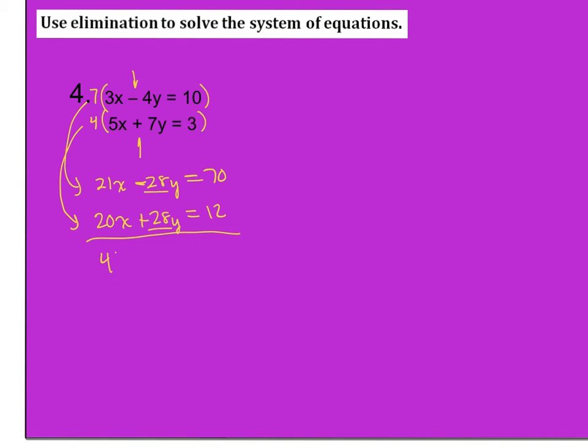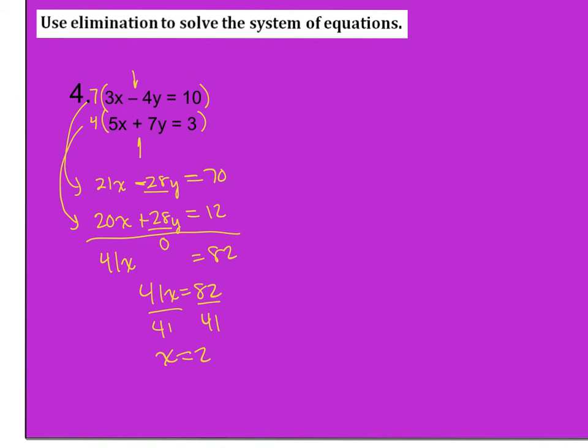So let's look at what I have. I have 41x. This kind of zeroes out, that becomes 0. And this becomes 82. So now I'm hoping you recognize that it should be a very simple idea. X should equal 2.